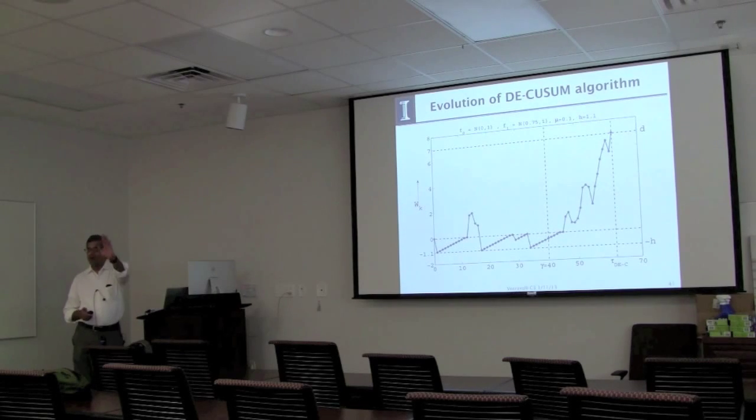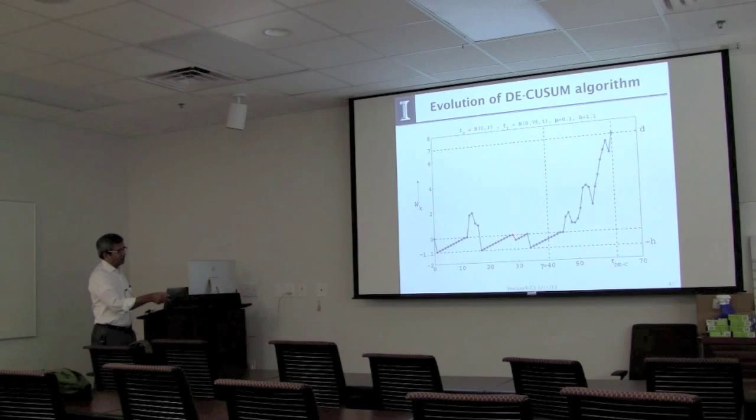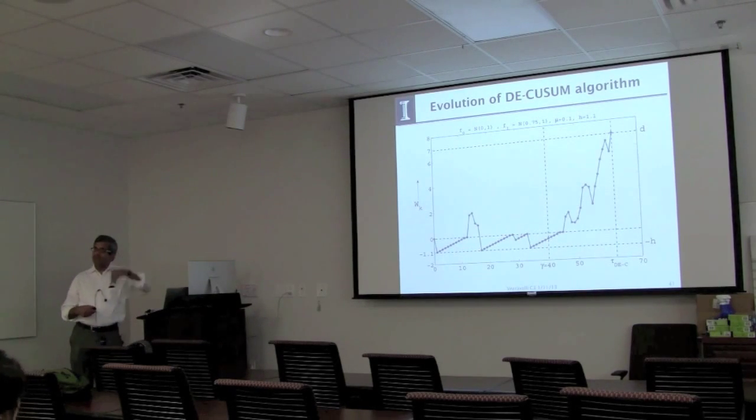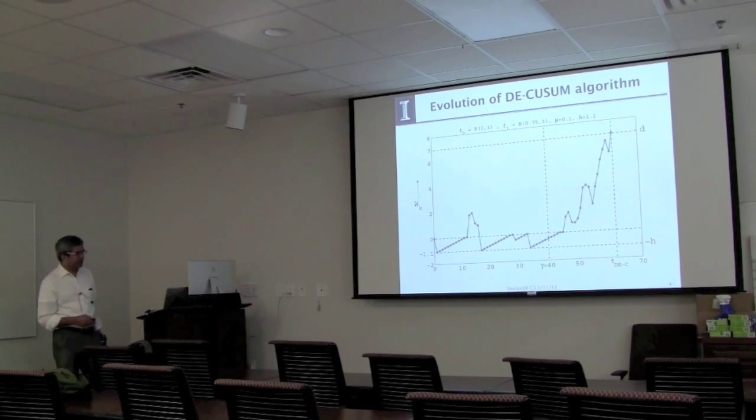So you go out with a linear slope, just like in the Shiryaev version of this test, and basically the number of observations skipped is given by how negative this is, for a fixed slope parameter. It's determined by how negative the undershoot went.